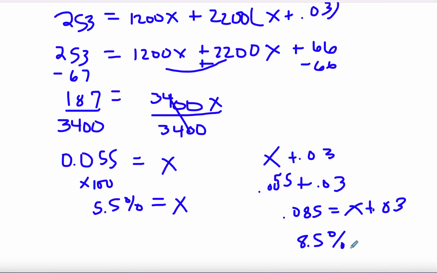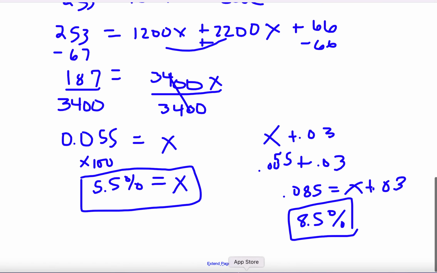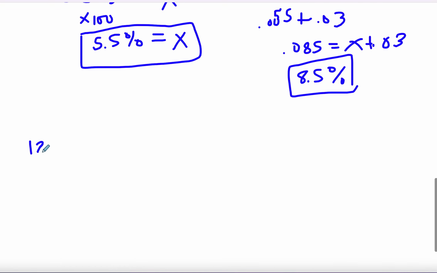And you can multiply these through and see that it is true that the higher investment earned $121 more. But we don't have to wait. We can do it right now. 1200 times 0.055 is equal to $66. That's how much interest the first one earned.